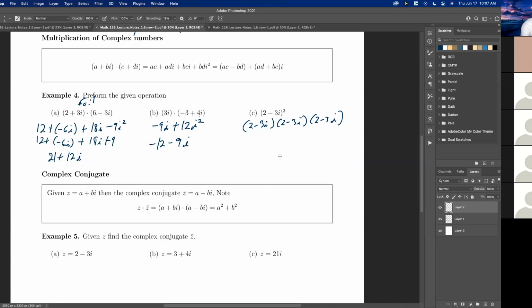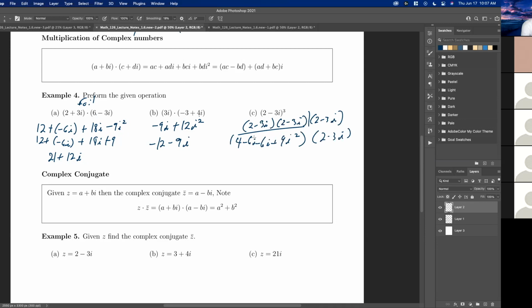Now what I would do is do this first part first. So here, FOIL. So I'd get 4 minus 6i minus 6i plus 9i squared. And then here we'll multiply that by 2 minus 3i.